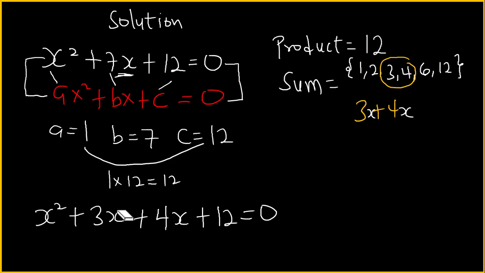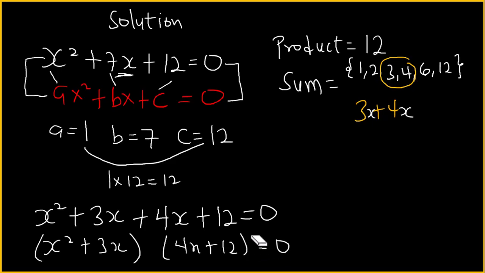This is the expanded form of our second term, which is 3x plus 4x. At this point, we are going to group them into factors, which is putting them into brackets. Now x squared plus 3x is kept in one bracket, and 4x plus 12 is also kept in one bracket. The operational sign in between the two brackets should be plus.